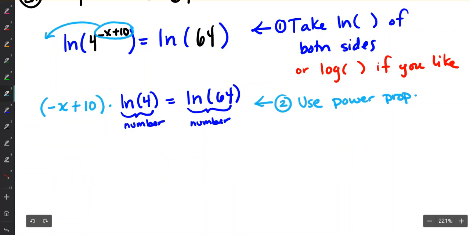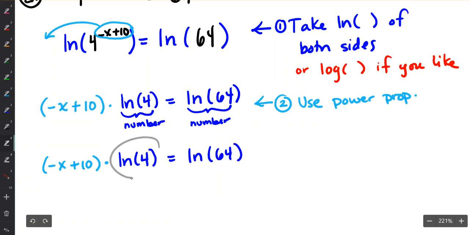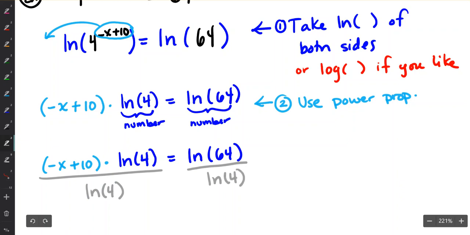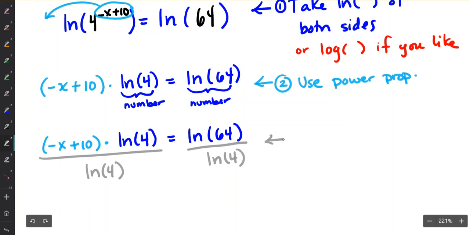Yeah, so I'm just going to rewrite it. Minus x plus 10 is all being multiplied by this number. I'm going to do the opposite of multiplying by this number. I'm going to divide by this number. What I do to one side, I have to do to the other. Right? So we're just solving for x.